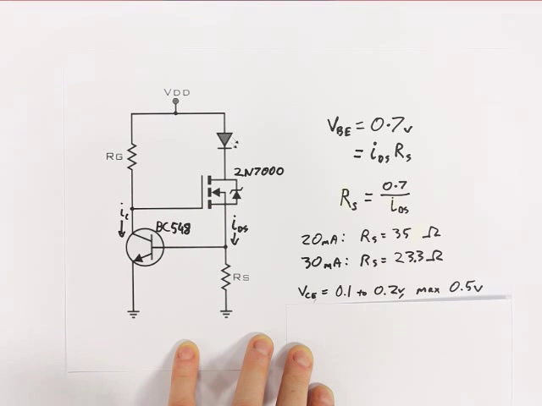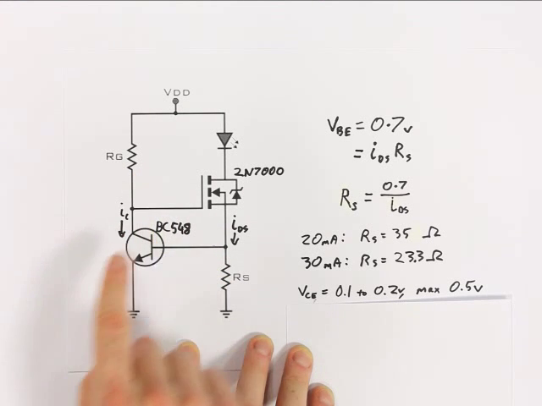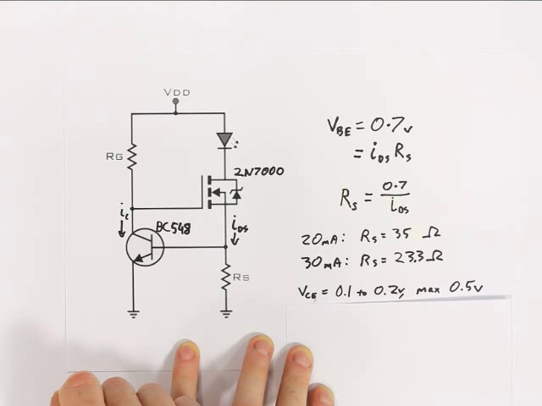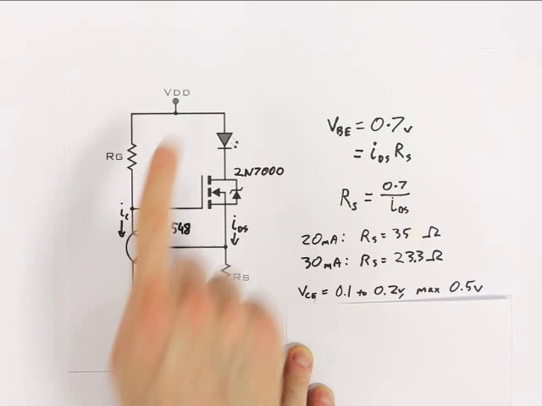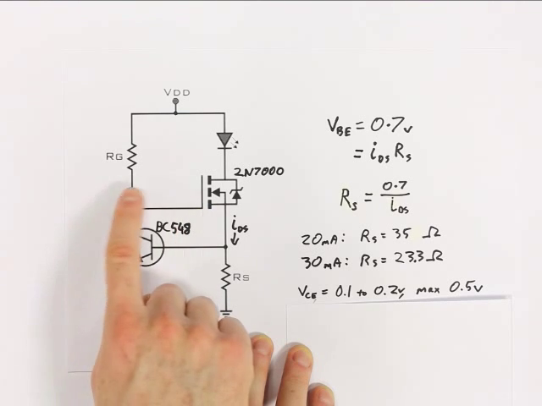So let's see, in order for the voltage drop across RG to be large enough to shut off the MOSFET, we need a resistance equal to the source voltage minus the threshold voltage divided by that chosen current.